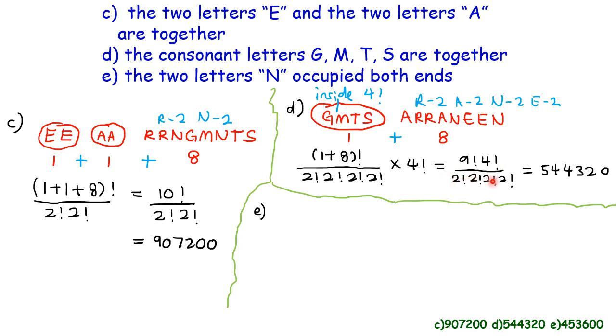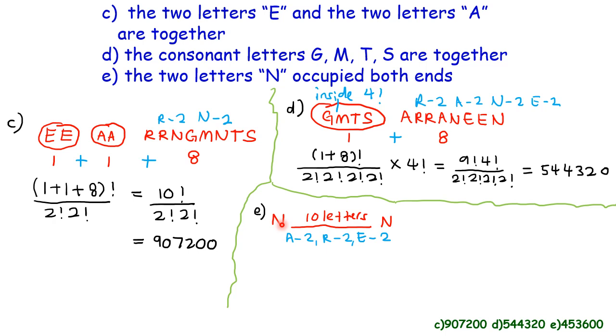Below here, 2 factorial, 2 factorial, 2 factorial, 2 factorial. Then we can press the calculator easily. Then we got the answer 544,320 for question D.